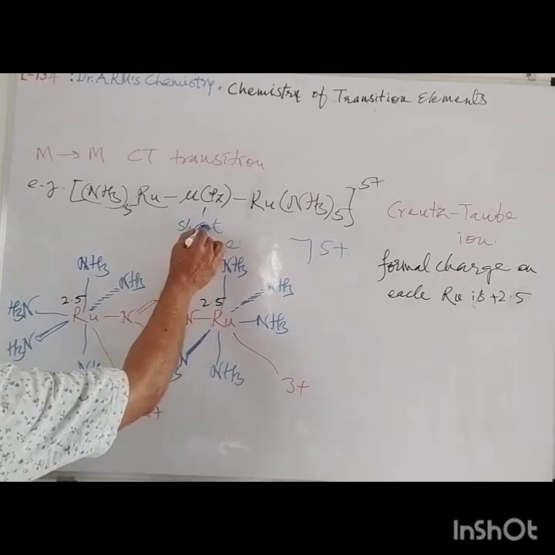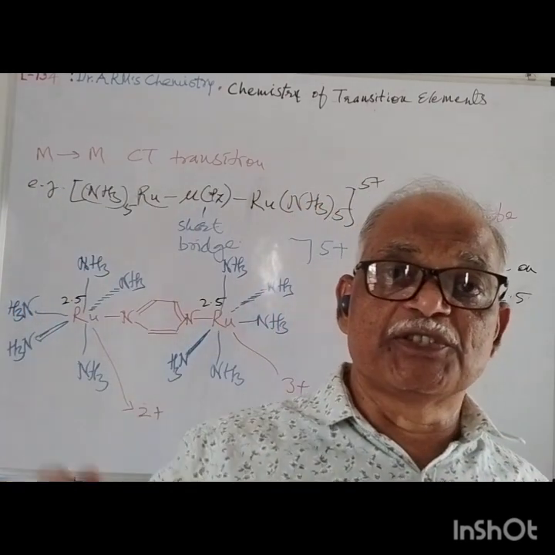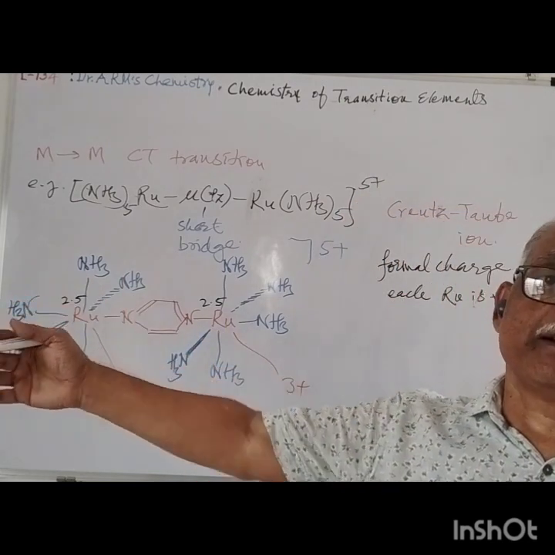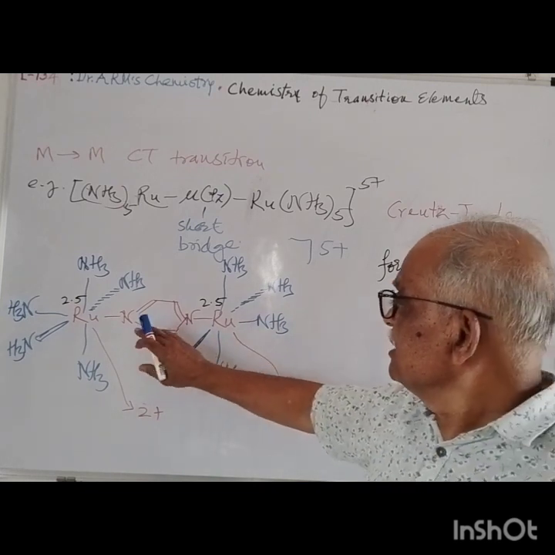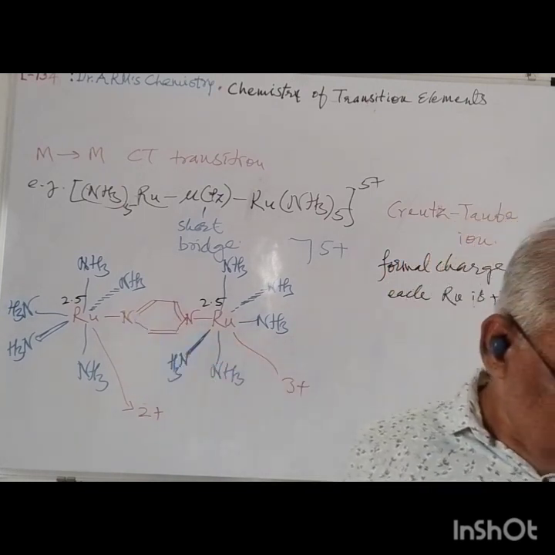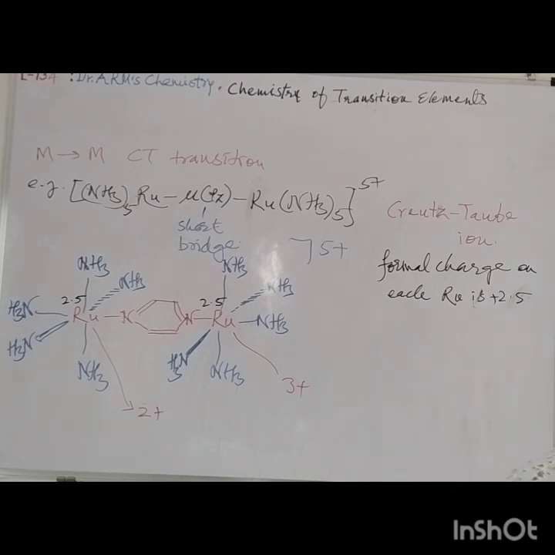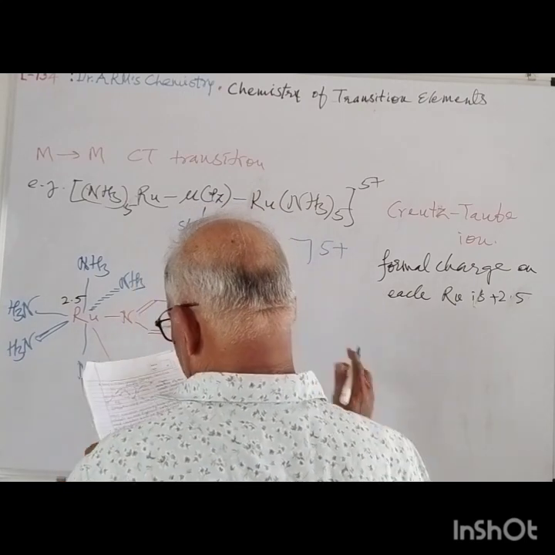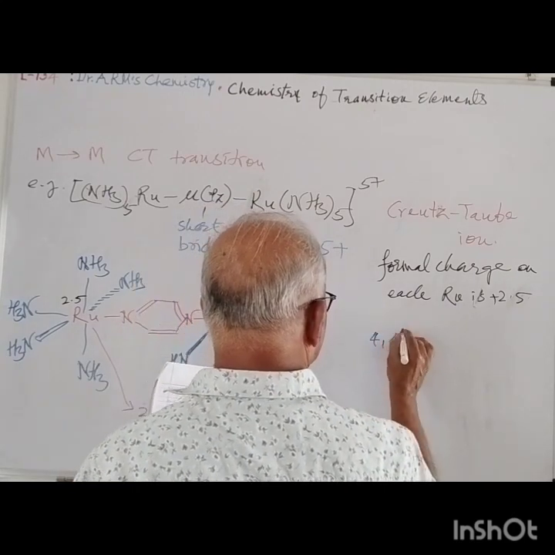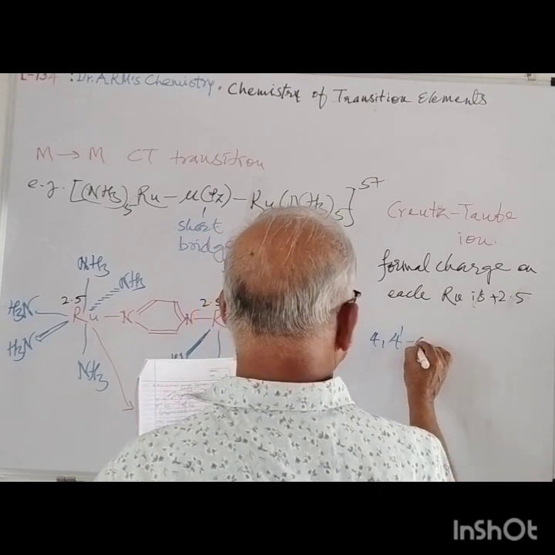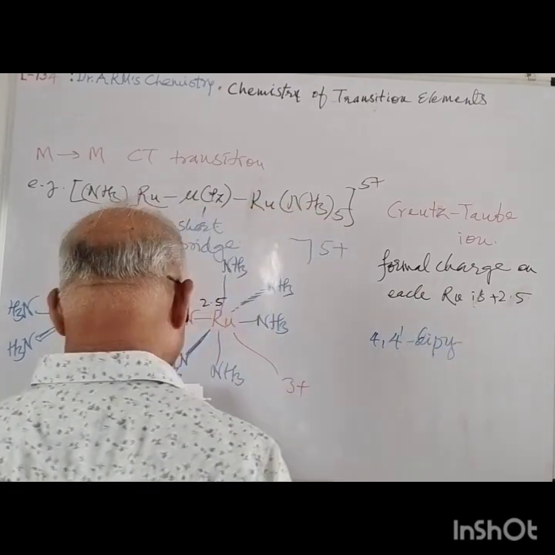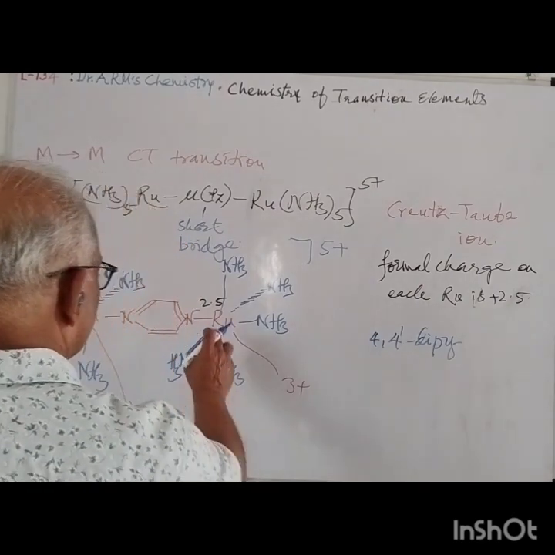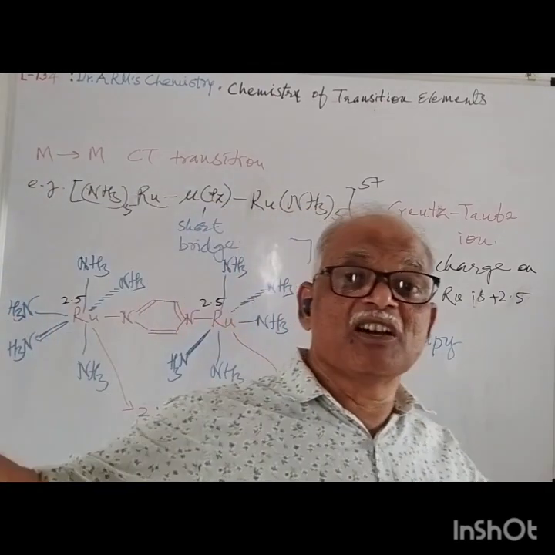But instead of this short bridge, if there is a longer bridge, then the metal ions are separated to a greater extent. In that case, charge transfer is not very easy. So if instead of this pyrazine, there is 4,4' bipyridine, the centers are separated by a longer distance.